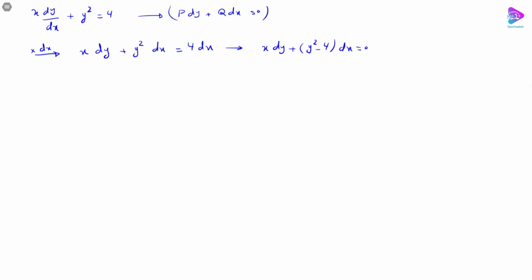Now we can further rearrange this by dividing by x and y squared minus 4.